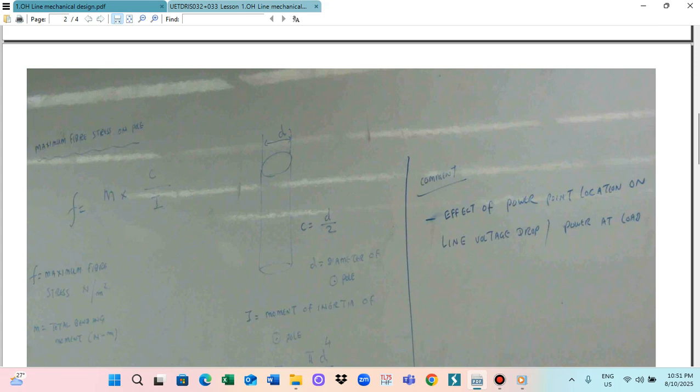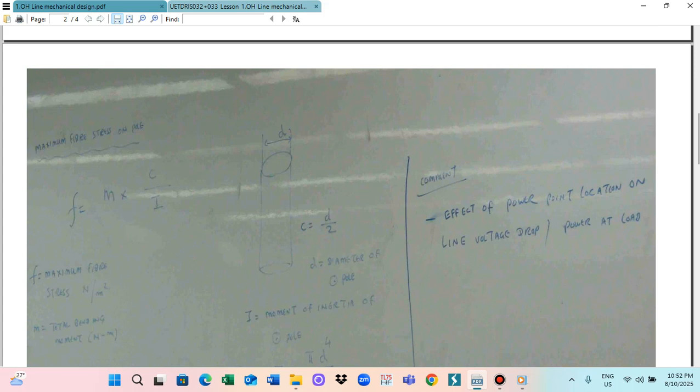The unit is Newton per meter square. M is the total bending moment, so Newton meter. And I is the moment of inertia.